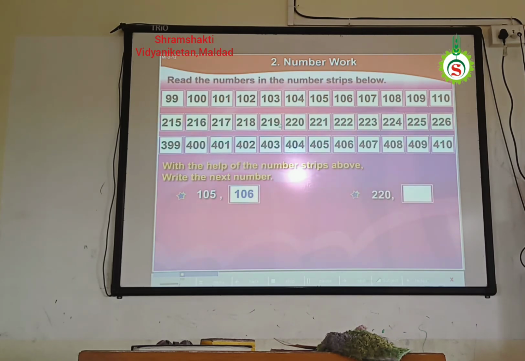The number strip shows that after 220, we have 221. Next is 409. After 409, we have 410. Next is 290. According to the number strip, after 290, we have 220.